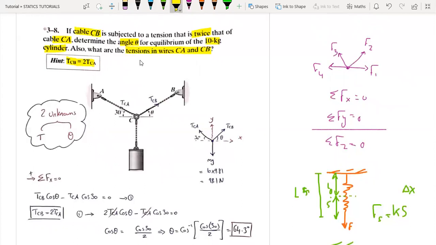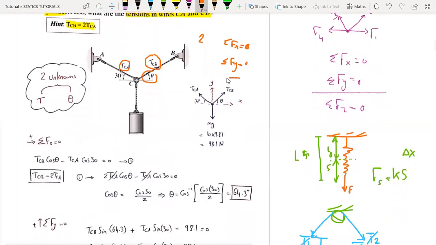So what's required is that we find theta, TCA and TCB. It's a 2D problem, so the maximum number of unknowns should be 2. Why? Because we have 2 equations: summation of forces in the x direction equals 0, and summation of forces in the y direction equals 0.